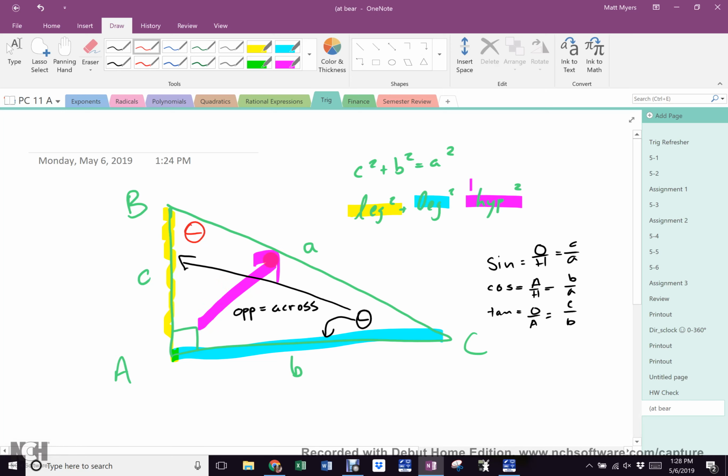It is still across from the 90. So the sine of the red theta is B over A. The red cos is C over A. And the red tan is B over C. Please notice the relationship. Black theta's sine is red theta's cos. Black theta's cos is red theta's sine, and the tans are reciprocated. Does everybody remember trig? Great.